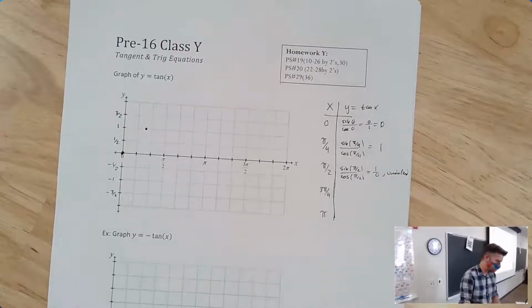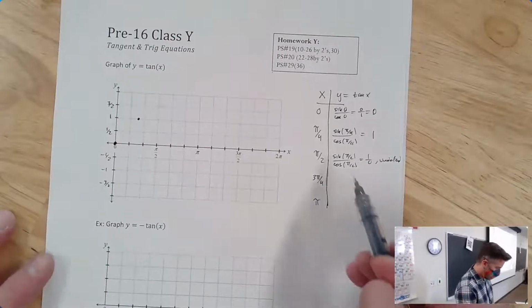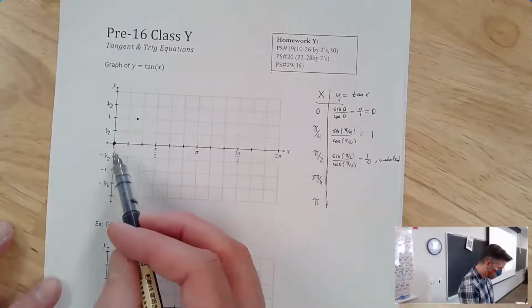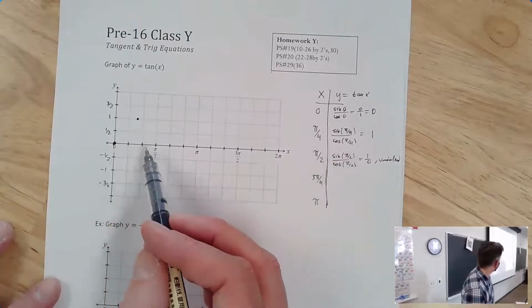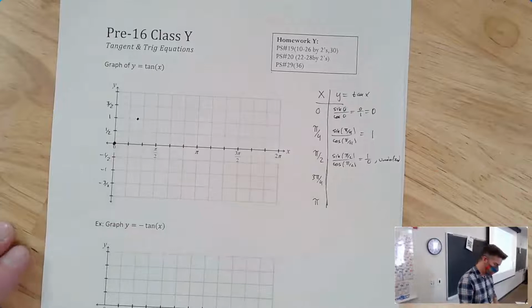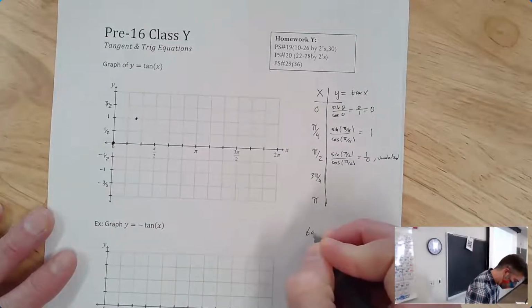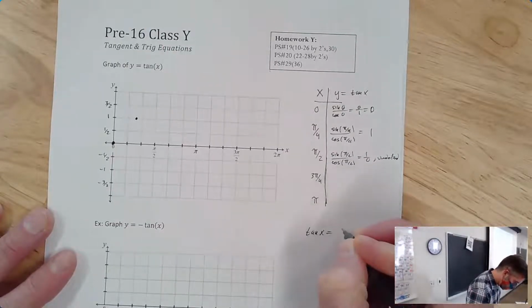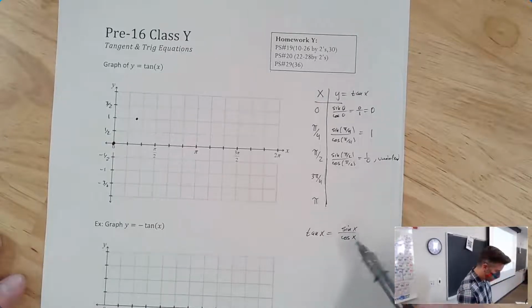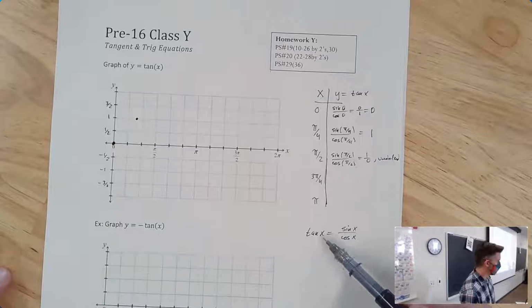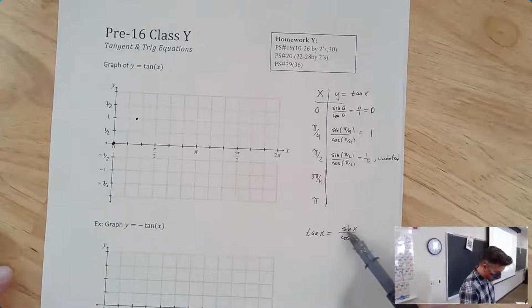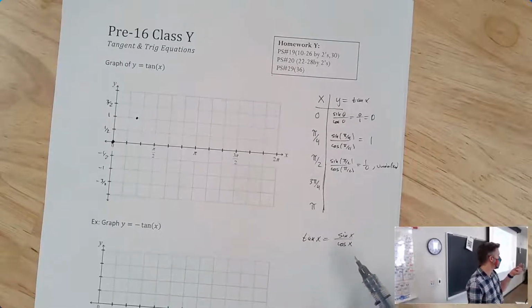So it's kind of interesting to think about what's happening here, actually. As the angles get closer and closer to pi over 2, what's happening to tangent? Well, tangent of your angle x is sine of x over cosine of x. And as x gets closer and closer to pi over 2, the numerator is getting closer and closer to 1, and the denominator is getting really, really small.